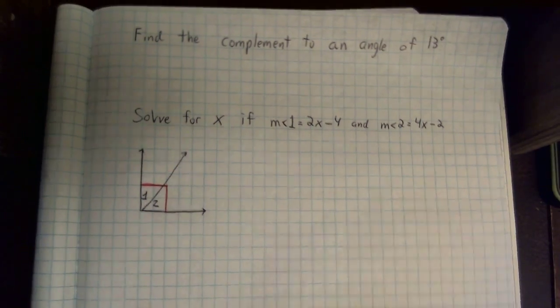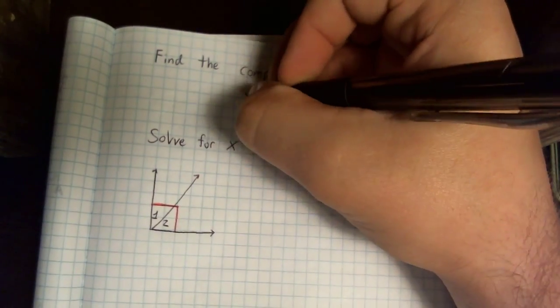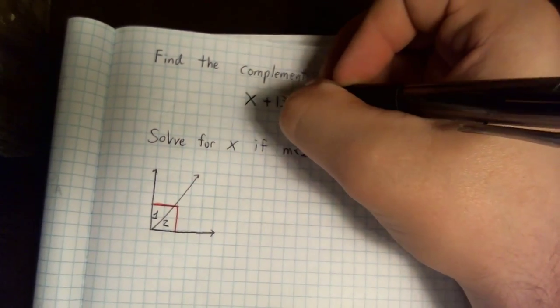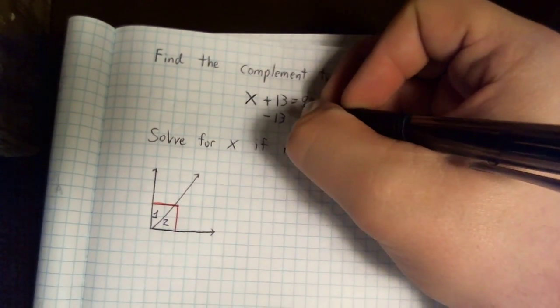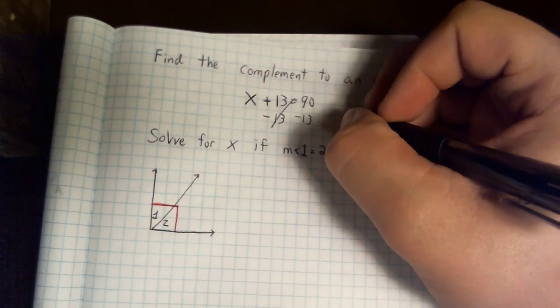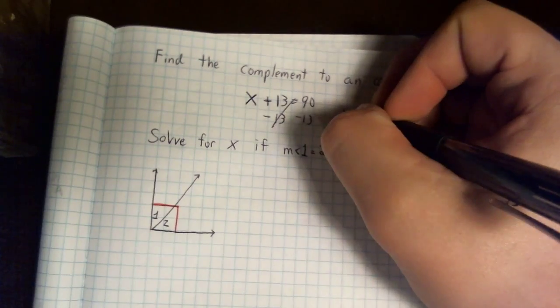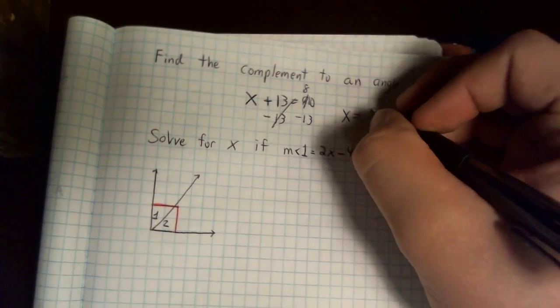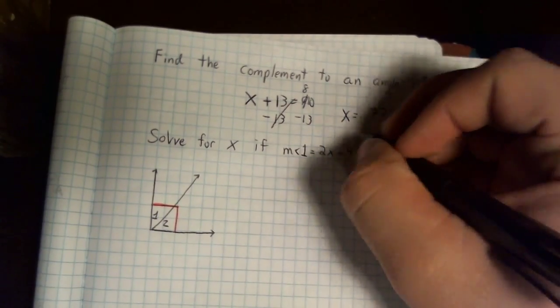Well, I know that I'm looking for some number that when I add it to 13, it's going to give me 90. So if I subtract 13 from both sides, that's going to give me x equaling 77 degrees.